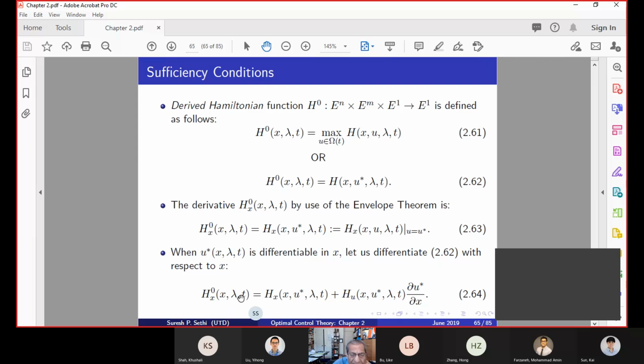I take the derivative of this with respect to x. Well, the derivative with respect to x is H sub x, plus H sub u star times u star sub x. This is the total derivative. But remember, H sub u is 0 by the first order condition. So this vanishes. This is when u is not constrained. But if u is constrained, then it turns out that this is not 0, because at the boundary you have a Lagrange multiplier.